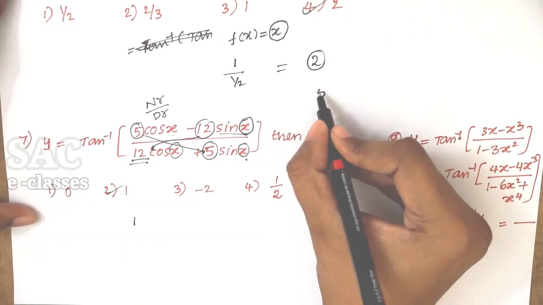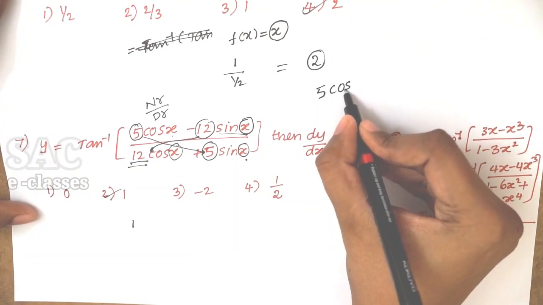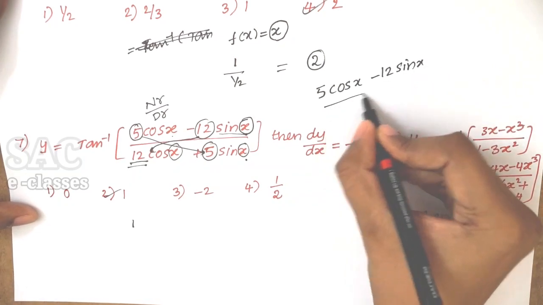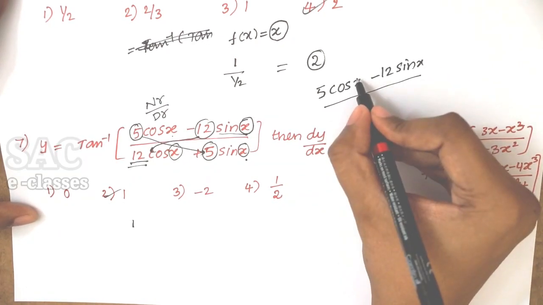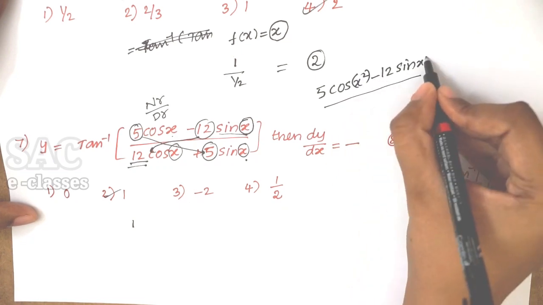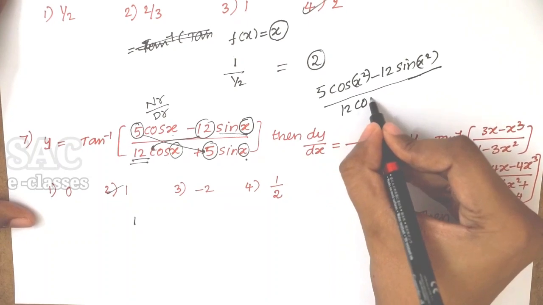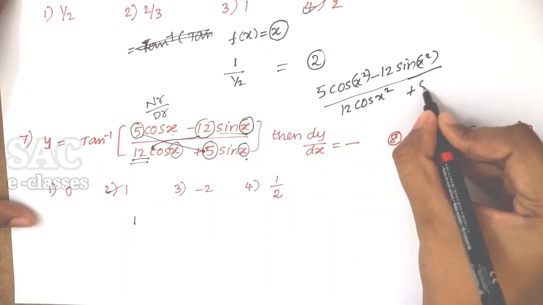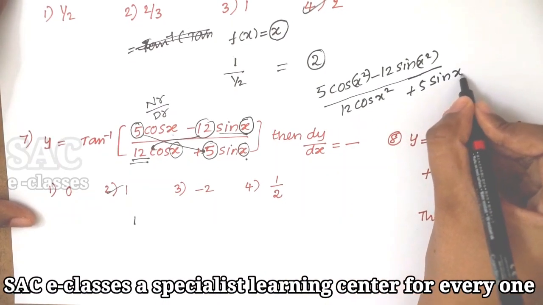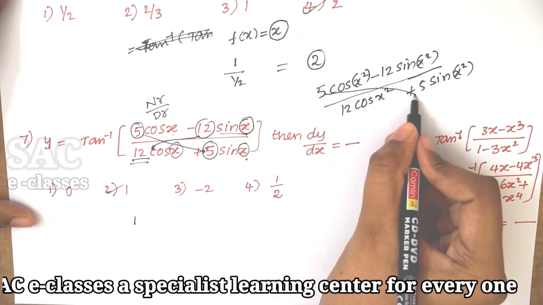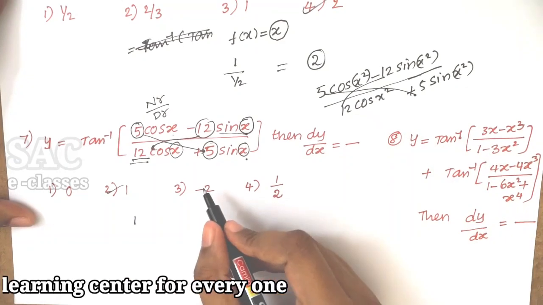So maybe like this: (5 cos x square minus 12 sin x square) by (12 cos x square plus 5 sin x square). Are there crisscross 5 and 5 and 12 and 12? Yes.